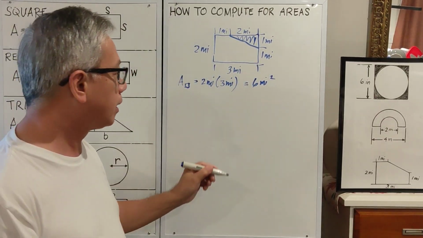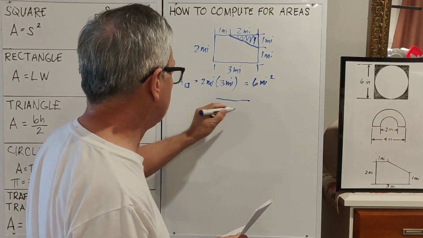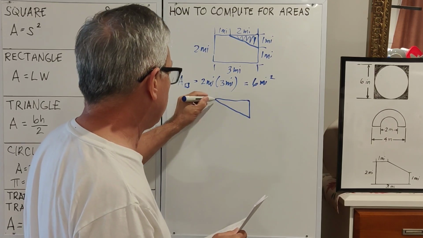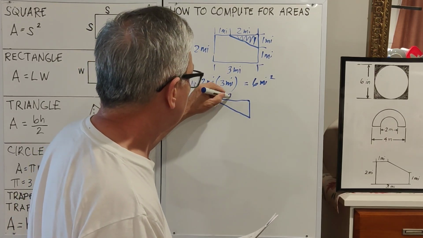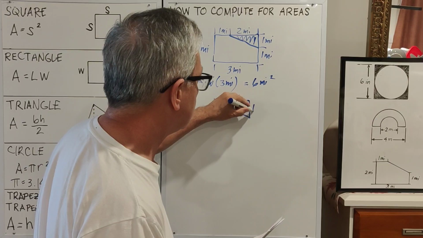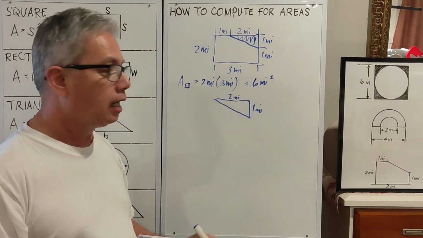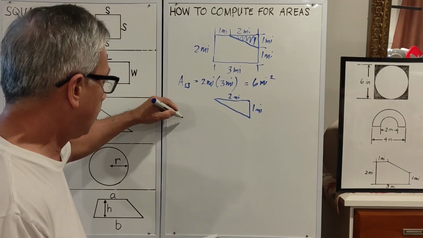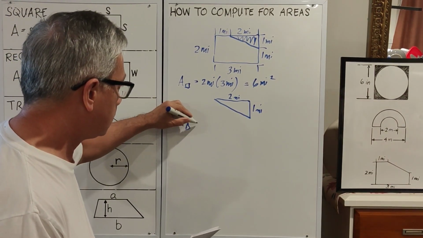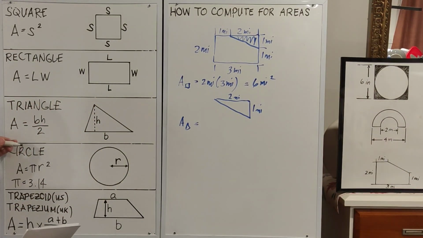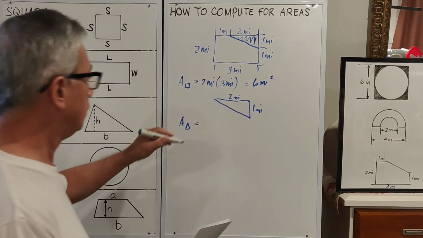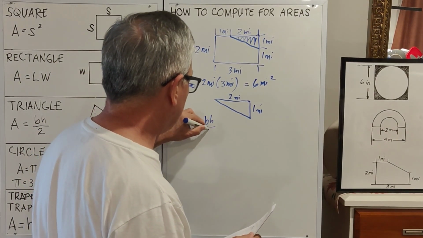Now the area of the triangle, let me show you first the shape. This is 2 miles. This is 1 mile. This is the base and this is the height. The area of the triangle is BH over 2.